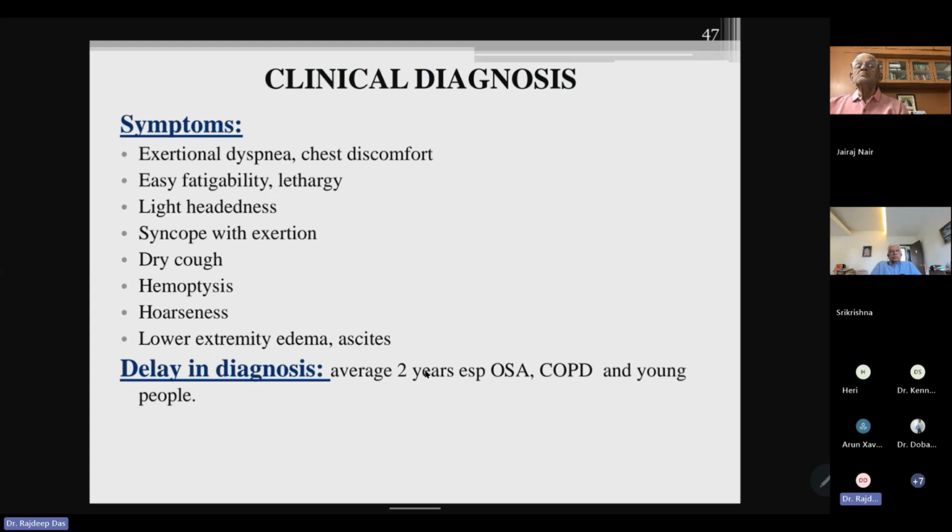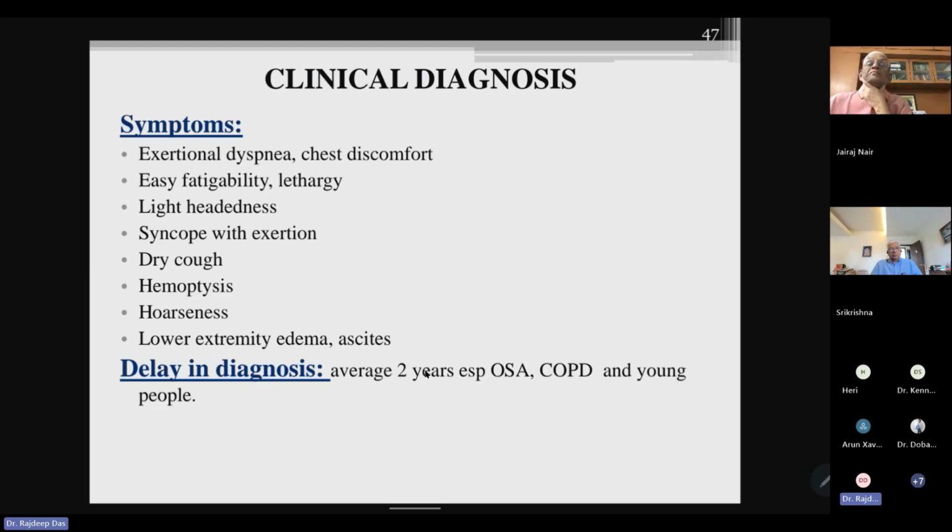Clinical diagnosis: the symptoms may vary from exertional dyspnea and chest discomfort to easy fatigability, lethargy, syncope with exertion, dry cough, maybe hemoptysis, hoarseness of the voice, and lower extremity edema or ascites.